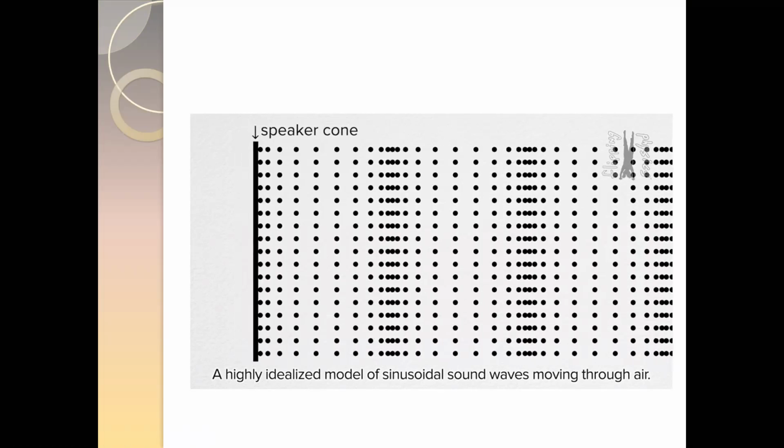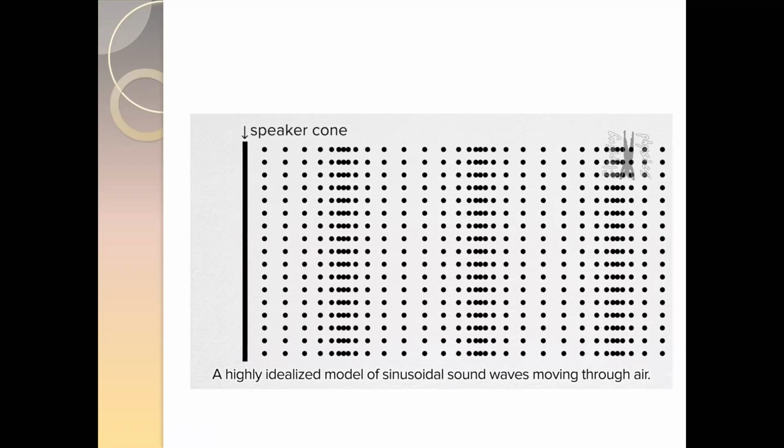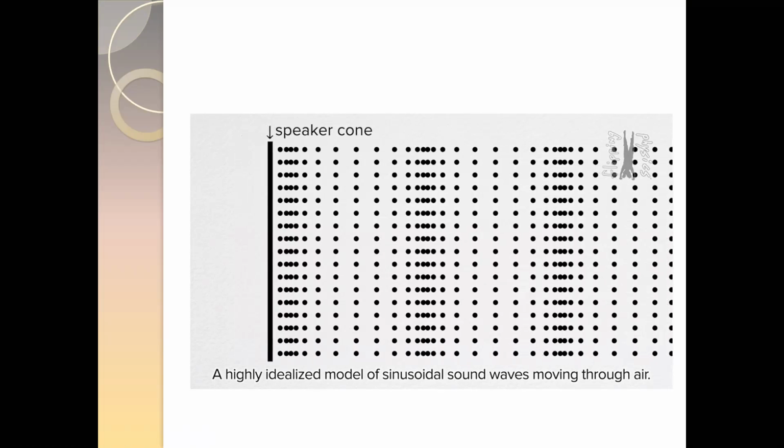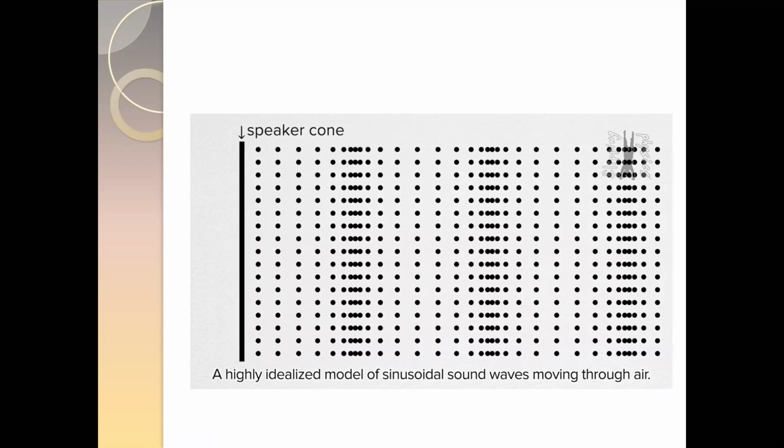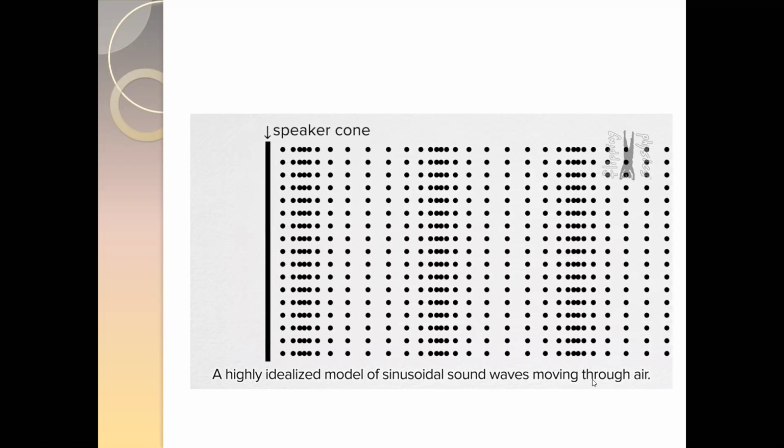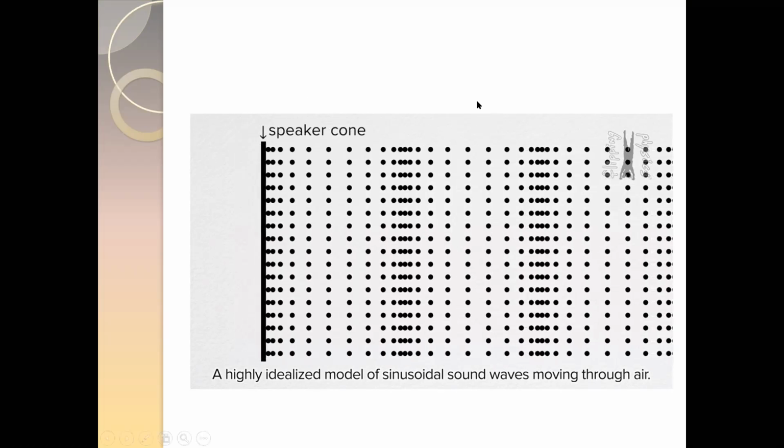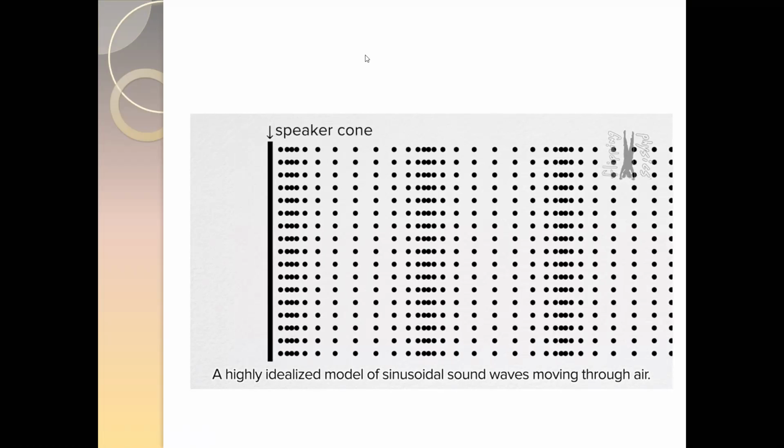Is it clear? Longitudinal wave. When a longitudinal wave moves through a medium, you can see that in some regions the particles are closer to each other and in some places the particles are away from each other.